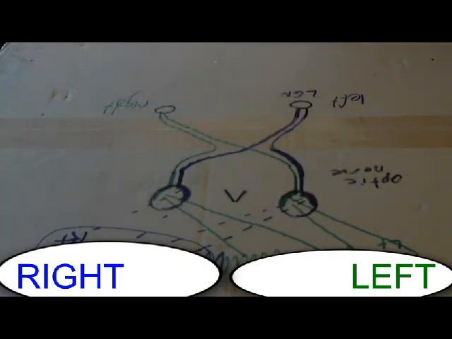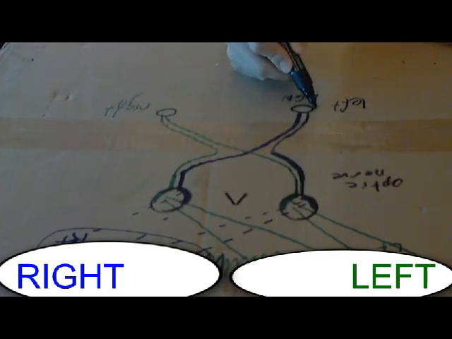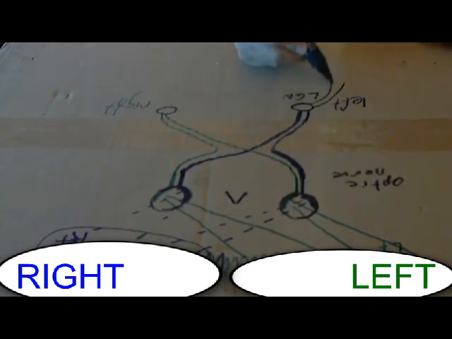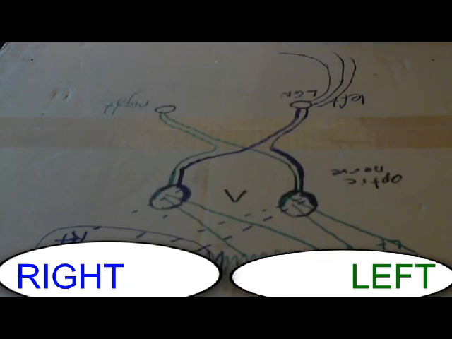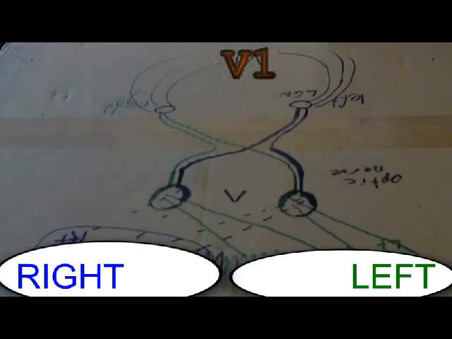So, now we have a situation where the thalamus, which we've known as the relay station of the brain, now produces more fibers as the optic radiation, and these land on the famous V1, which is the occipital cortex.